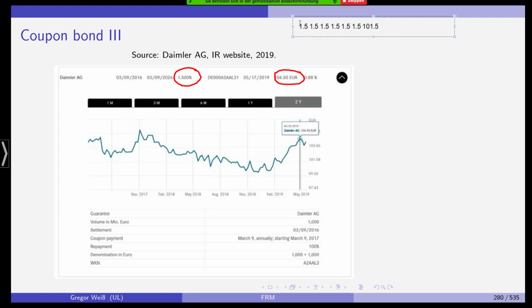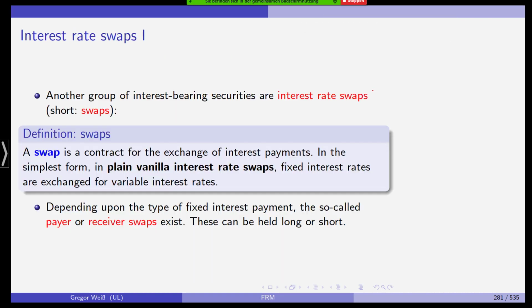So this is the cash flow stream of this bond. And if you now were to use the right reference interest rates, and if you have an estimate for the credit spread, you could discount this stream of cash flows and you would get the 104.5 euros. So that's the valuation of this bond.